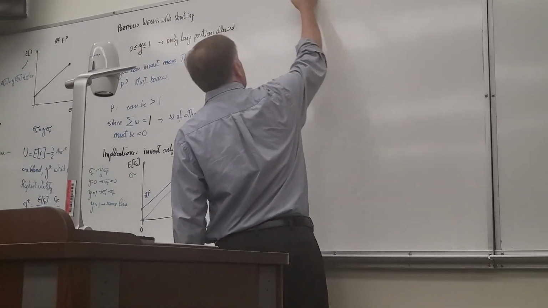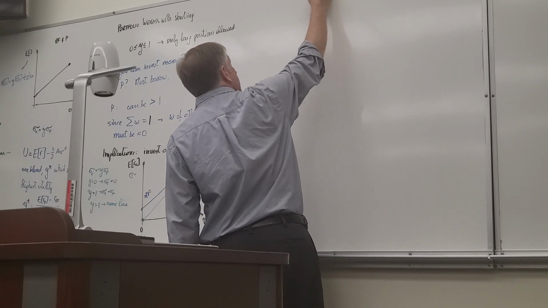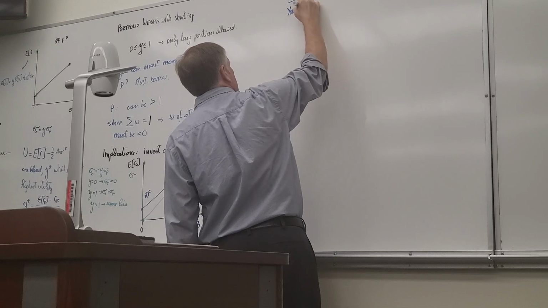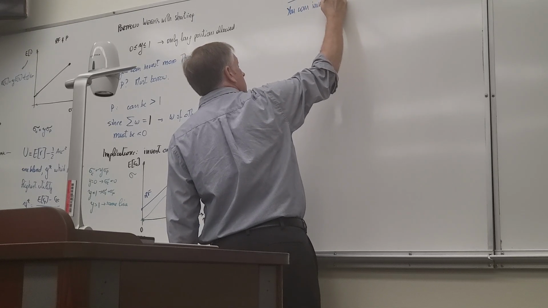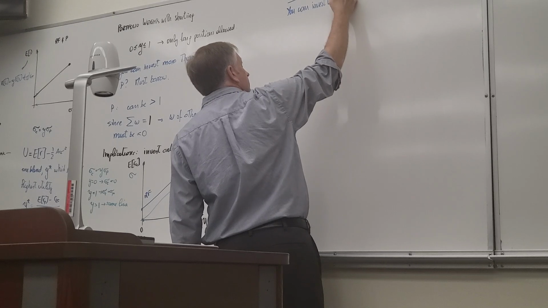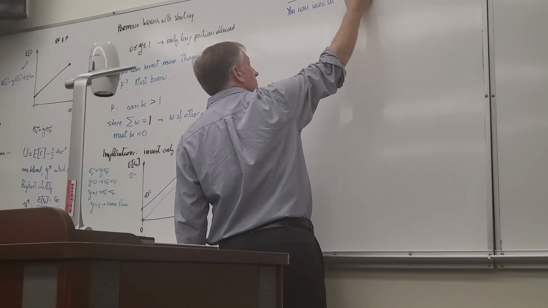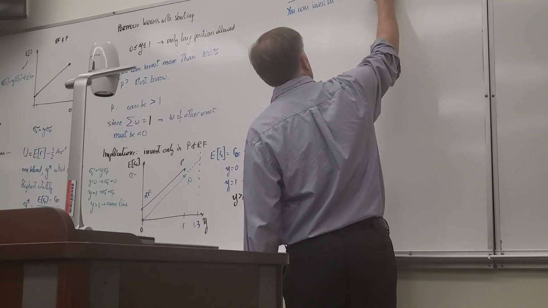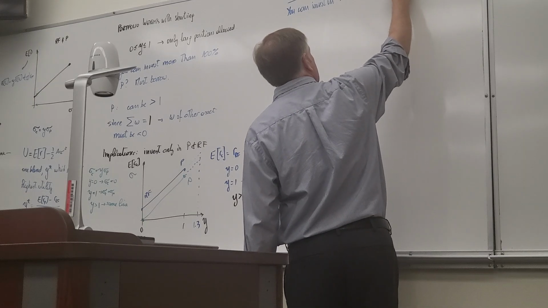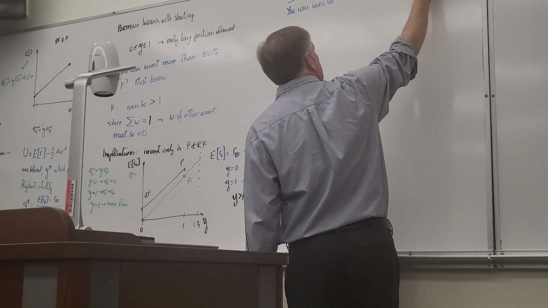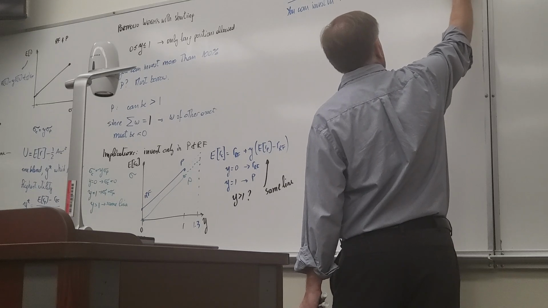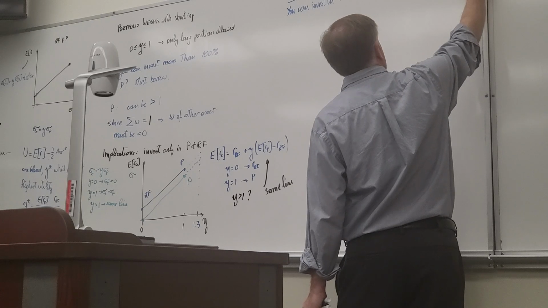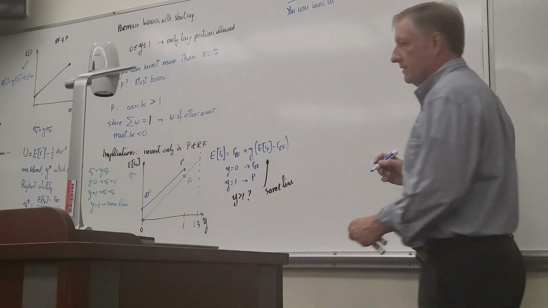Example. You can invest in P, which has an expected return of 10%, a risk of 15%, and T-bills, which have a return of 1%.